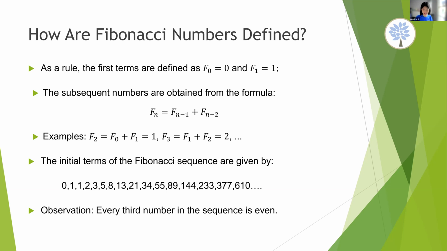Regardless, either way produces the same sequence. Subsequent numbers are obtained from the formula shown by the equation below, in which the two numbers right before are added together to obtain the next number. Here lists the first many terms of the sequence.